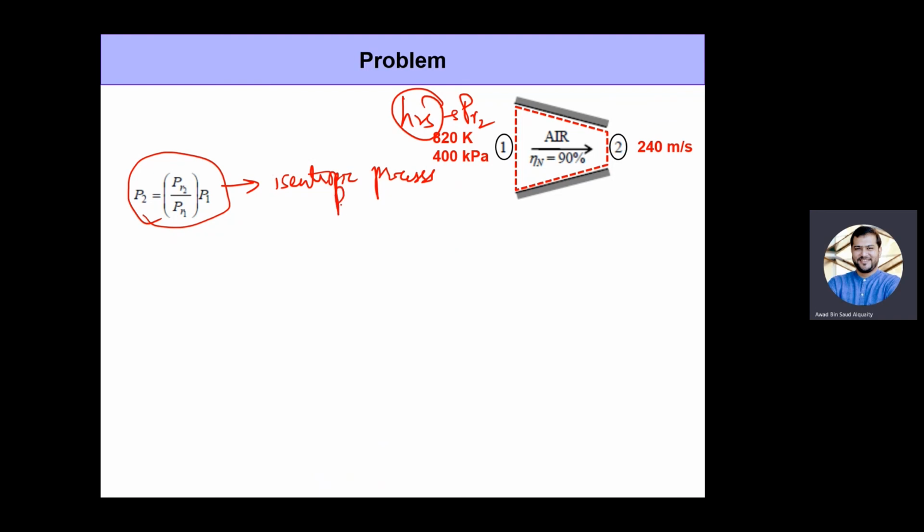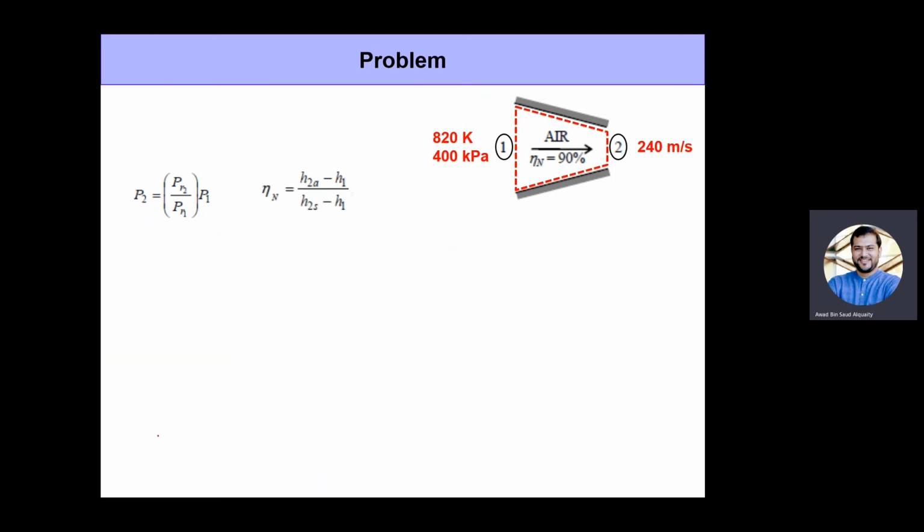So this PR2 corresponds to temperature for an isentropic process, right? And that is something that we got to be very careful about. So we're going to rely on the isentropic efficiency of the nozzle to obtain the temperature for an isentropic process, or let's say the enthalpy for an isentropic process. So it's going to be equal to H2A minus H1, the actual change in enthalpy divided by the isentropic change in enthalpy, right?